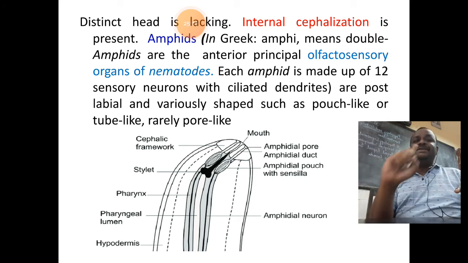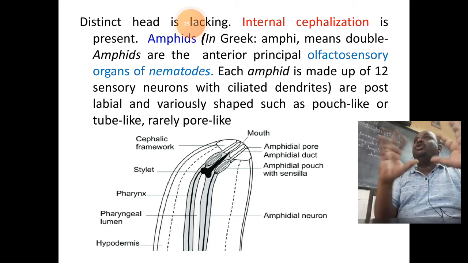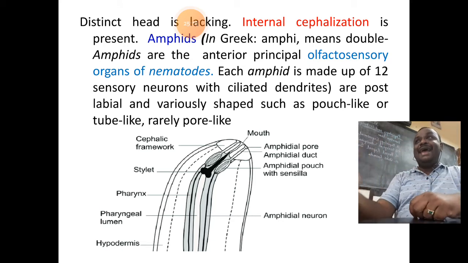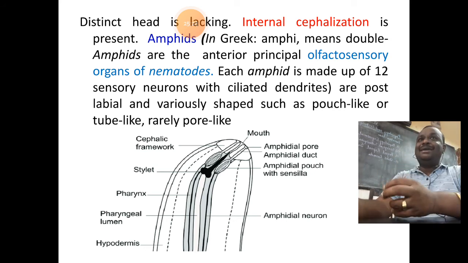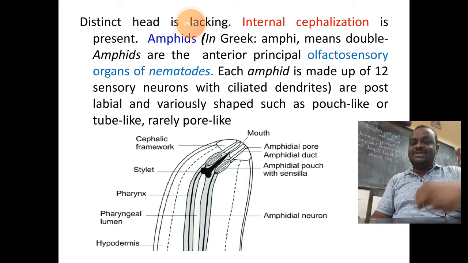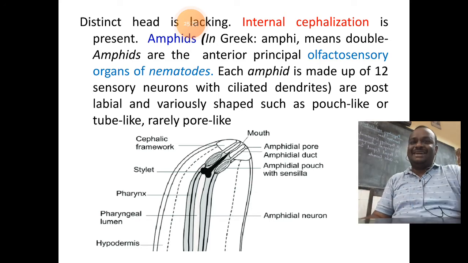So, when I say cephalization, it refers to much of the amphid group of nematodes, because at the anterior end a head is seen, which is not distinct outside, but internally shows the brain and the sensory organs related. Below is a diagram showing the amphid structure in the nematode of a phasmid. A means absent, phasmida means the posterior structure, or also referred to as amphid structure.